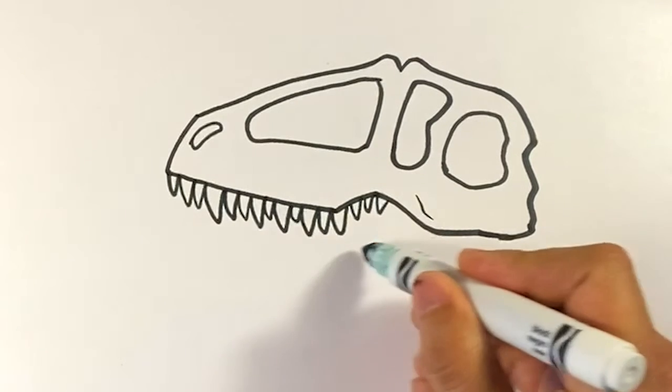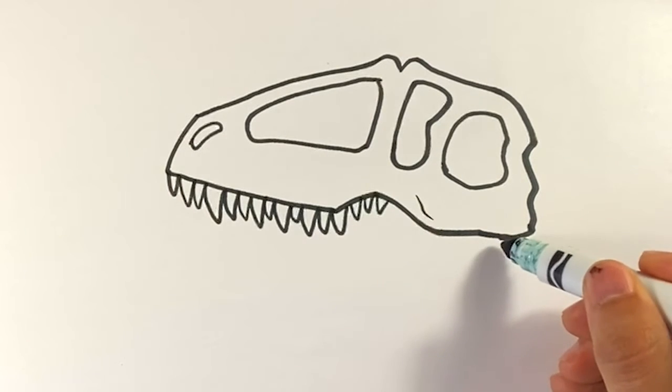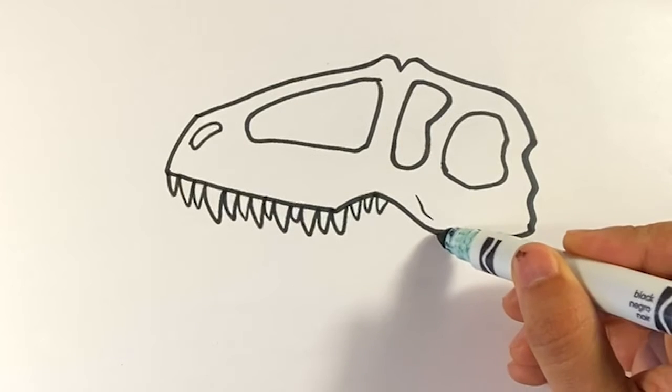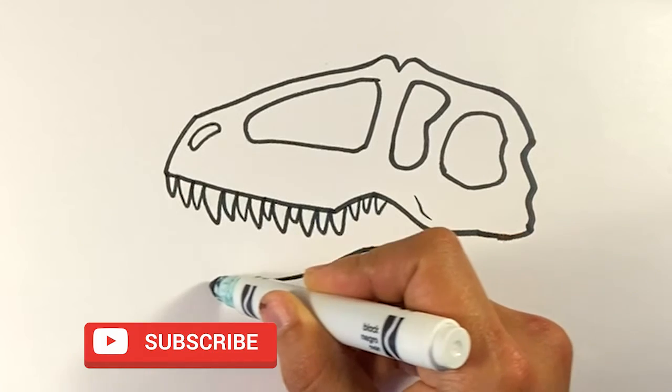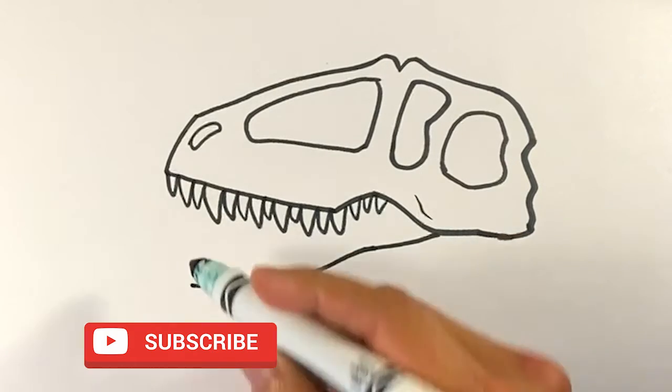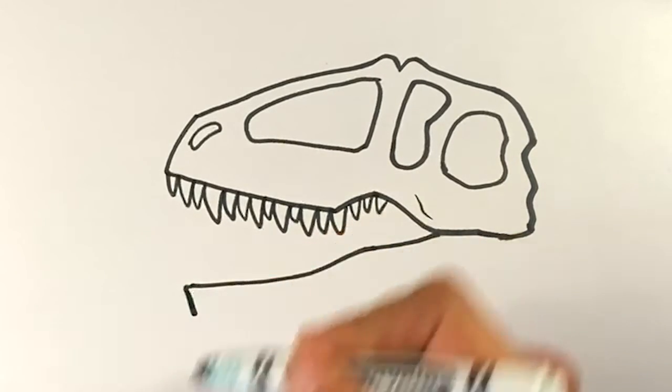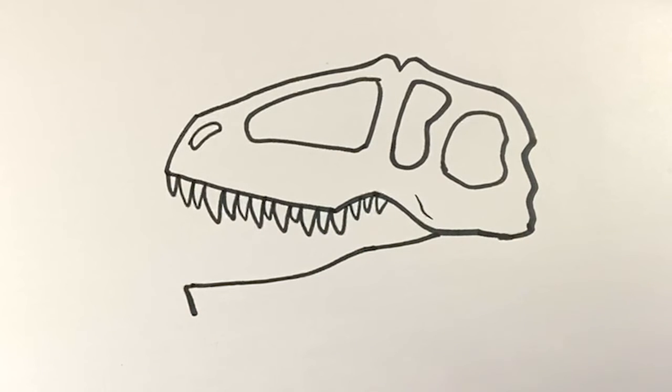All right, I'm going to go right here and find the lower jaw now. So I'm going to find a line coming out over here. Curve underneath, straight. Down. And so here's the biggest difference I've seen with the Giganotosaurus skull, and even just the way the dinosaur is.